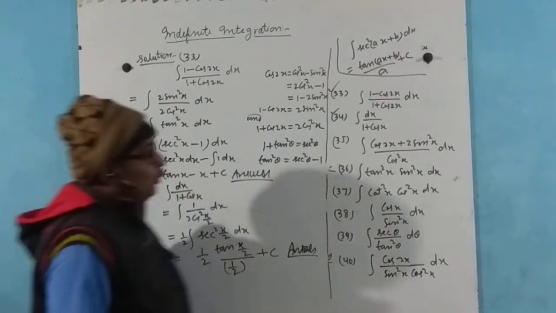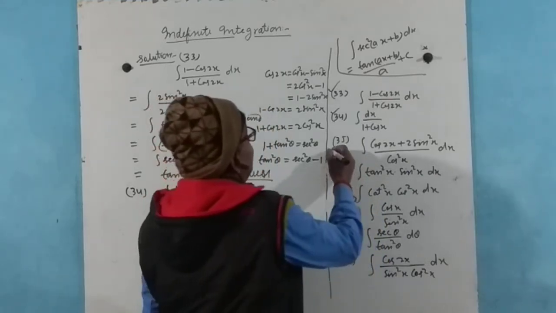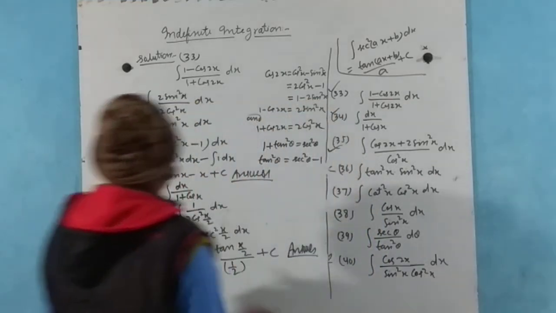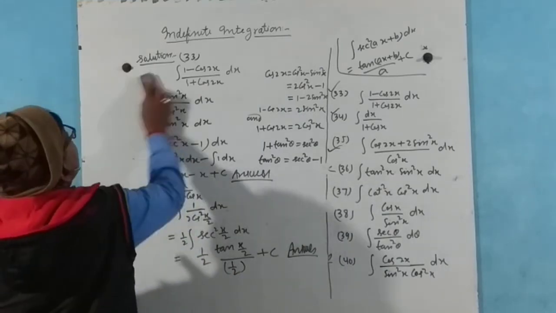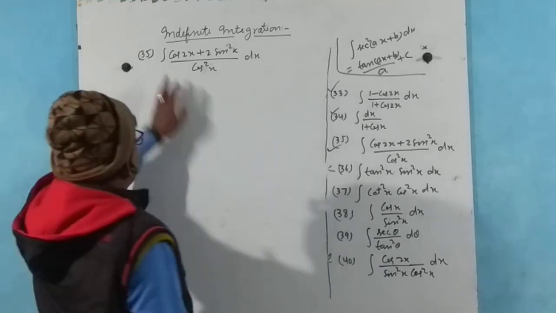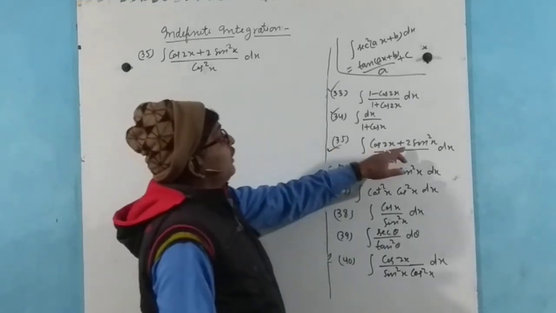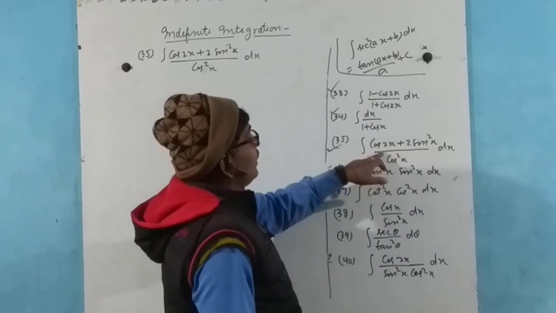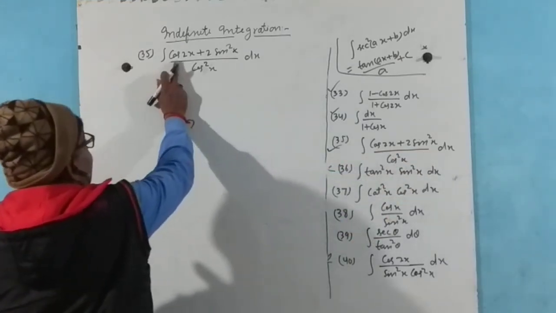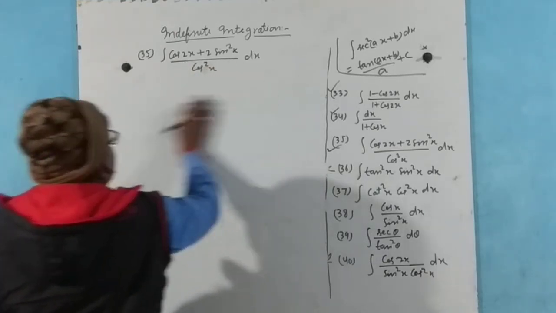Now we see question number 35. Integration of cos 2x plus 2 sin square x divided by cos square x dx.